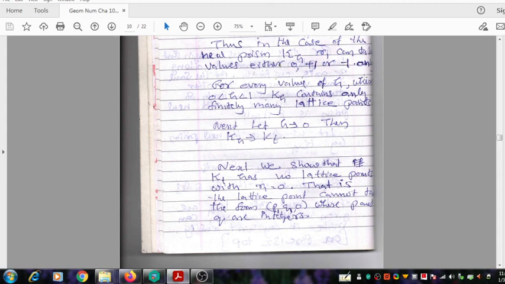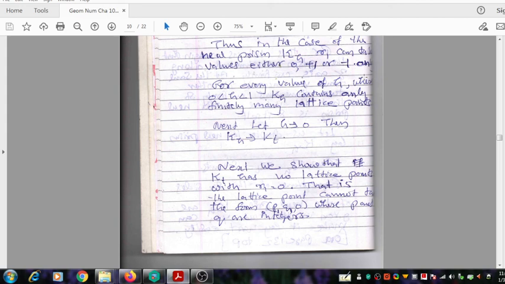Next, we shall show that K_t has no lattice point with R1 equal to 0. I mentioned early in my discussion that we are going to eliminate the possibility of R1 equal to 0 also.